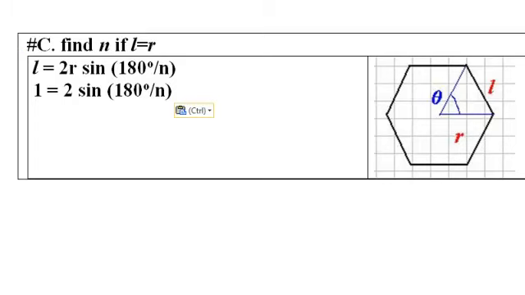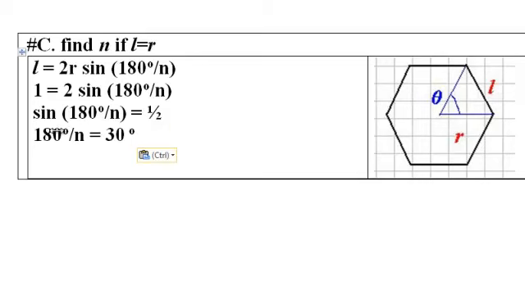Then I'm going to divide the 1 by 2 and turn my equation around. So sine of 180 over n equals 1/2. Again, the inverse sine of 1/2 is 30 degrees, and then 30 degrees equals this.